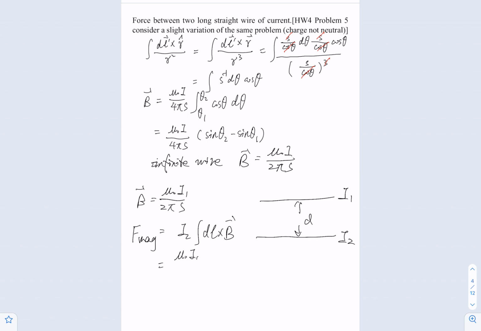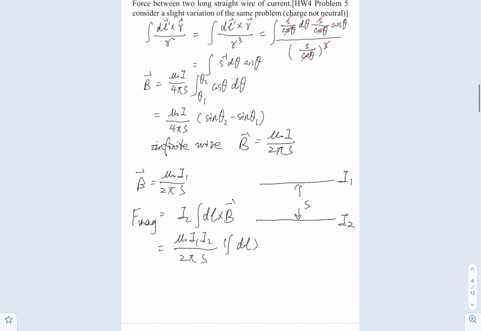It should be mu naught I1 I2 over 2 pi s, and then the integral of dl. Because this is an infinite long wire, of course this force is infinite, but per unit length, the magnetic force is mu naught times I1 times I2 over 2 pi s.